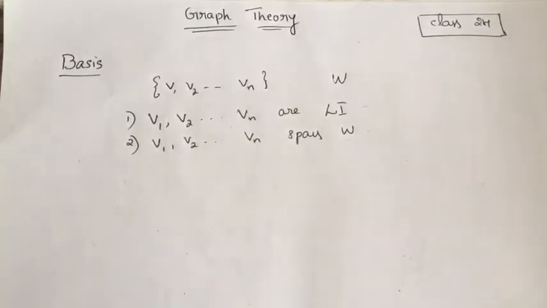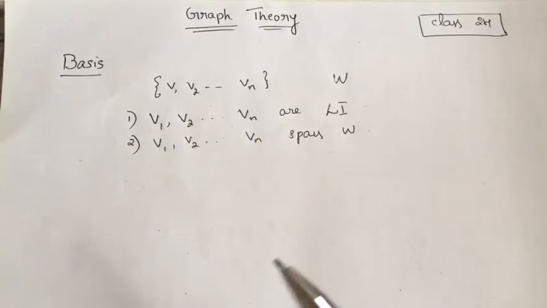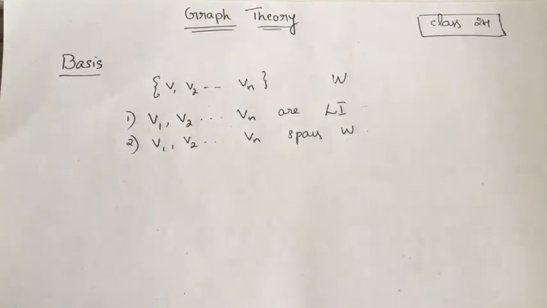The number of elements in the basis is called the dimension of the vector space. So if I have n vectors in my basis, then any n plus 1 vectors are linearly dependent. If I have an n dimensional vector space, then any n plus 1 vectors are linearly dependent.